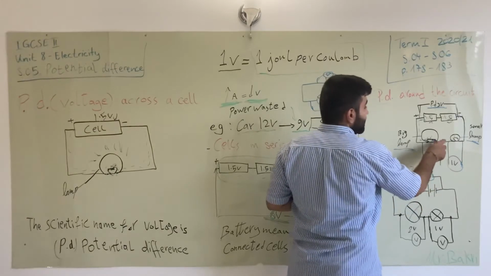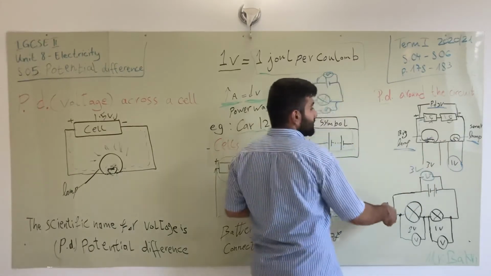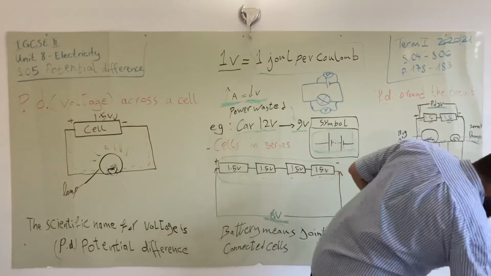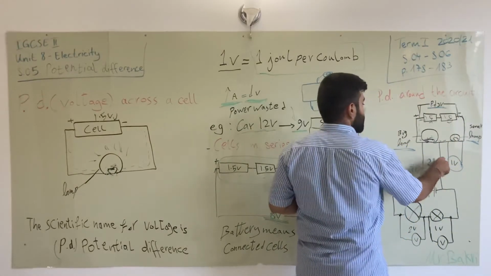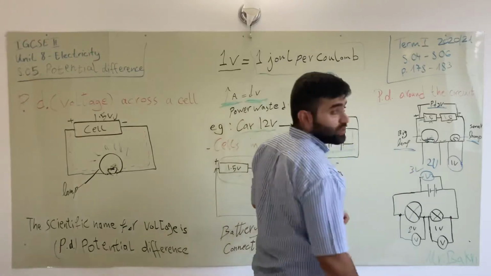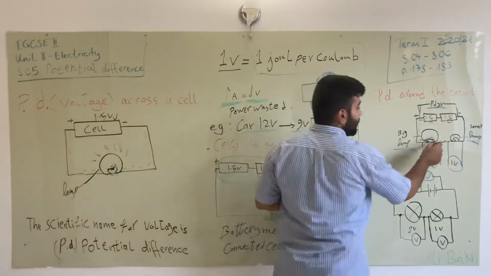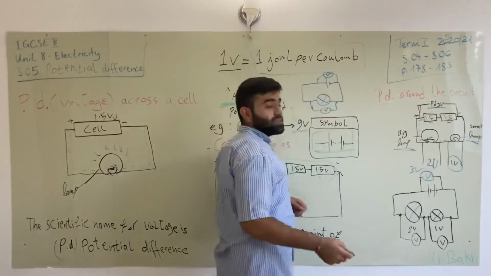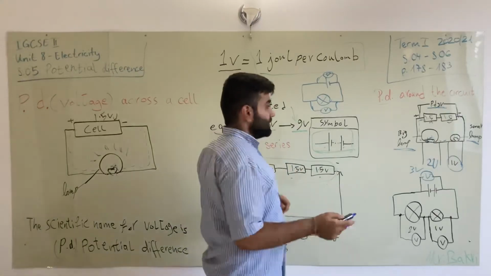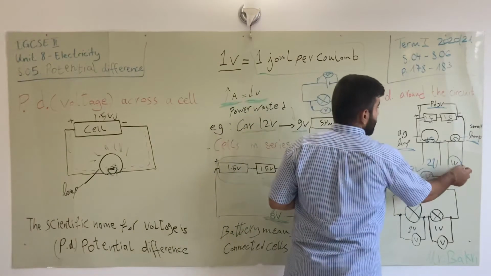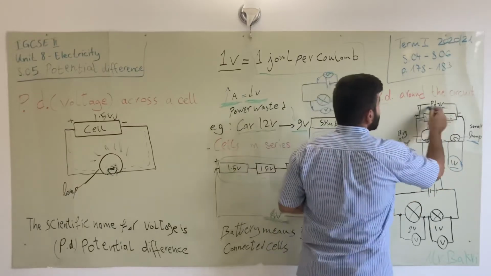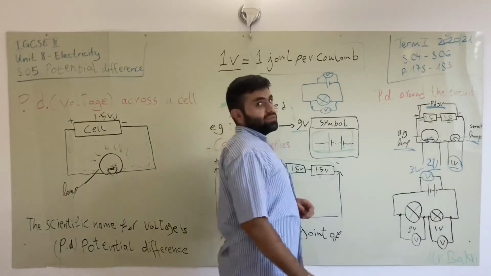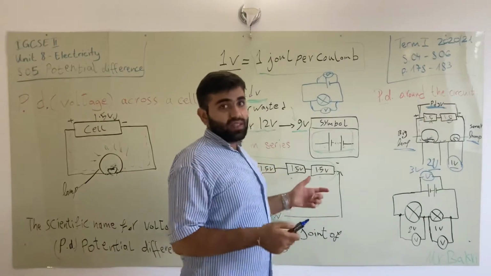But here the big lamp will give me a reading of 2 volt. Why? Because it's a bigger lamp, so more power is wasted. So in conclusion, 1 volt and 2 volt will give us the 3 volt, as much as the battery.